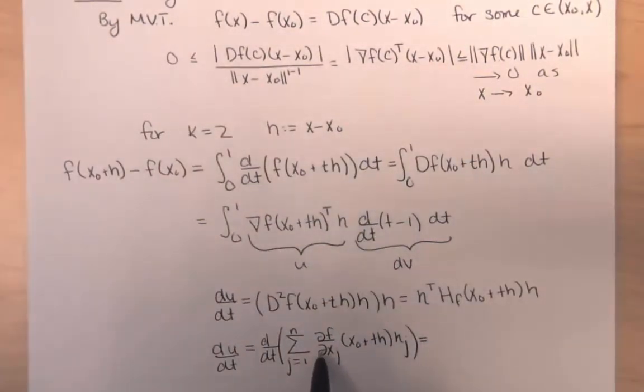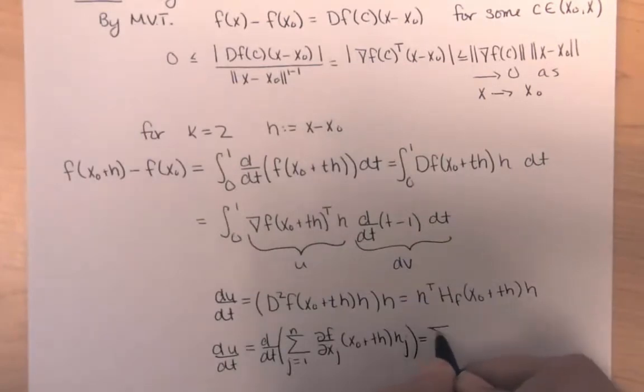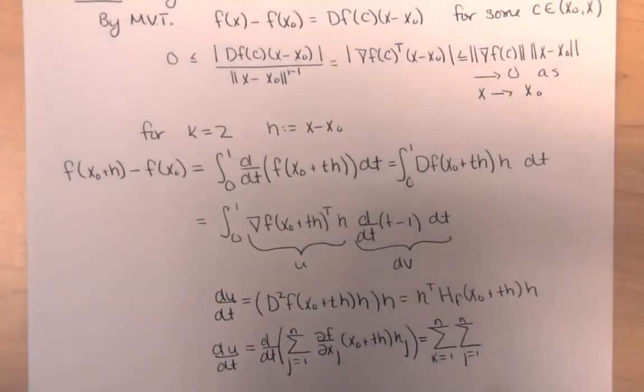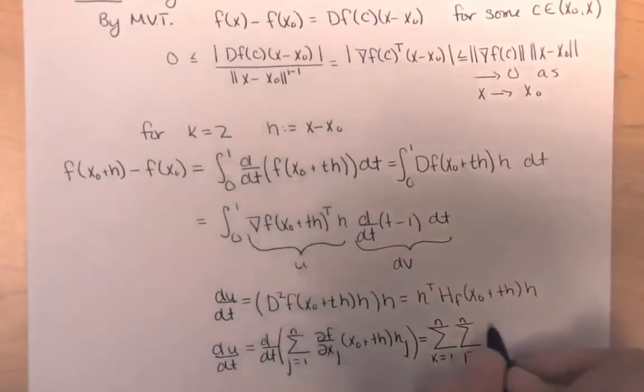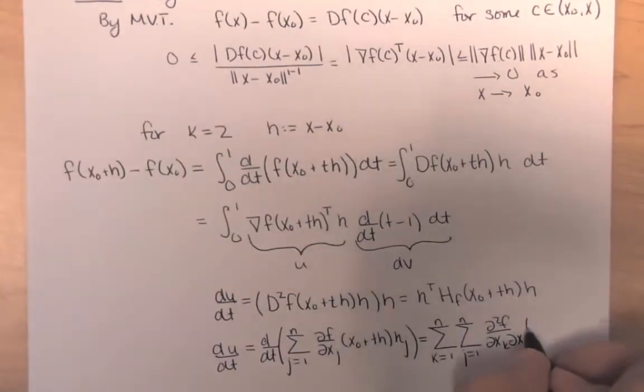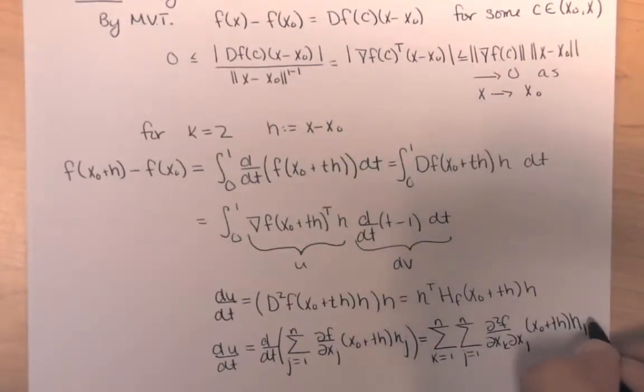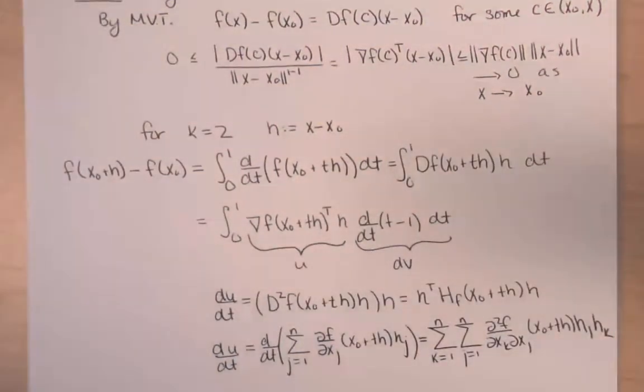So for each of these, I'll essentially get the gradient of these, but for each xj. So I get the sum from k equals 1 through n, the sum from j equals 1 through n, of the derivative of the derivative times x naught plus th times hj times hk.